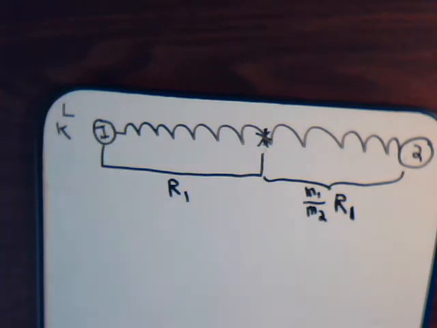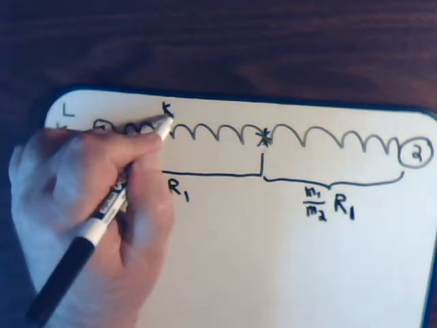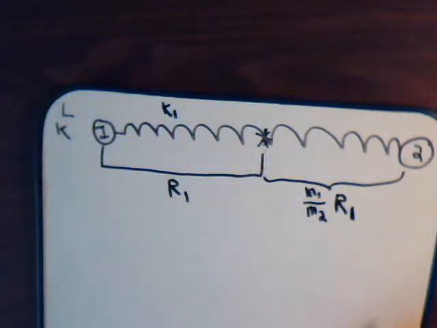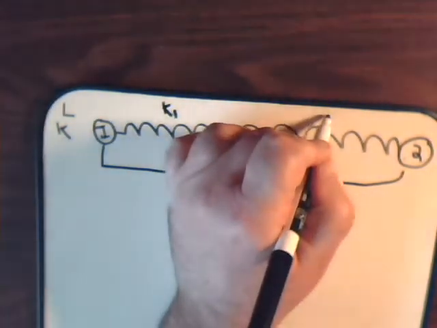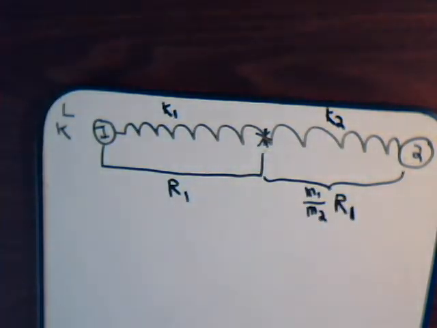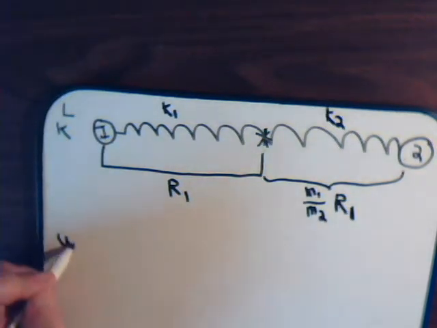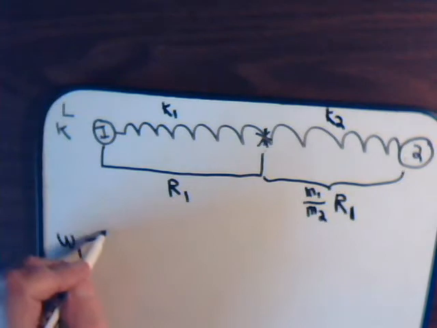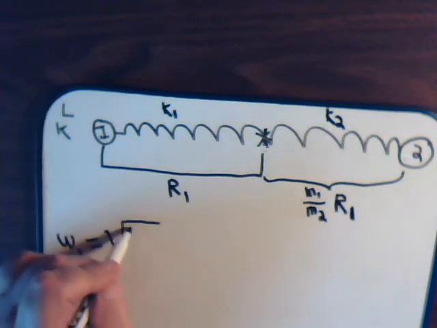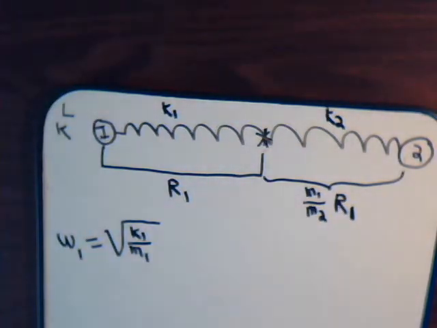And we can say, well, then this spring would have a spring constant, say, of K1, and this spring would have a spring constant, say, of K2. And the oscillation frequency of this mass, say omega 1, will equal the square root of K1 divided by M1.